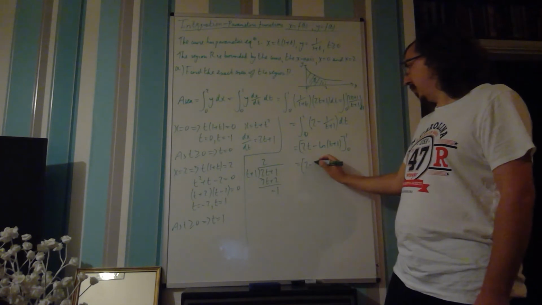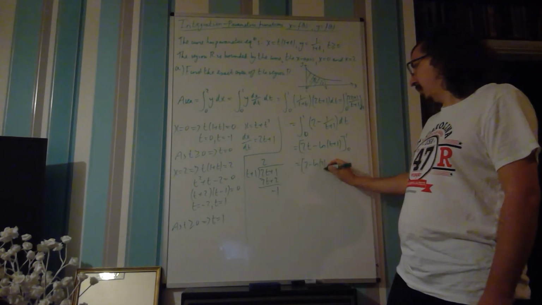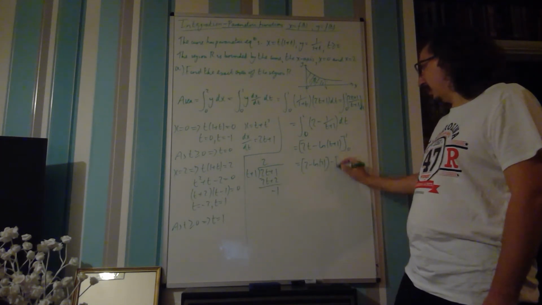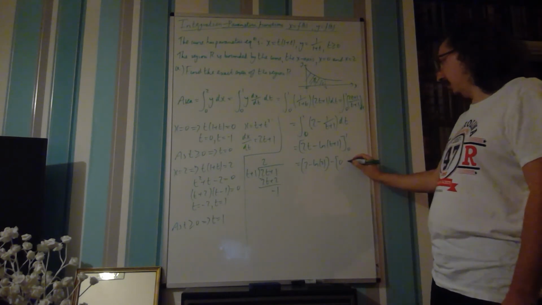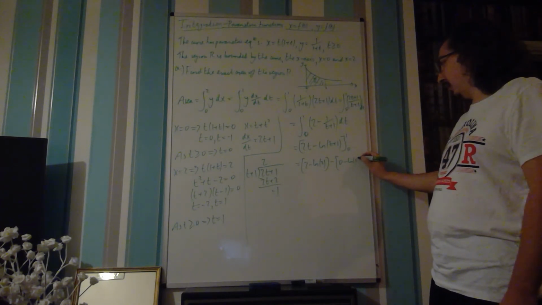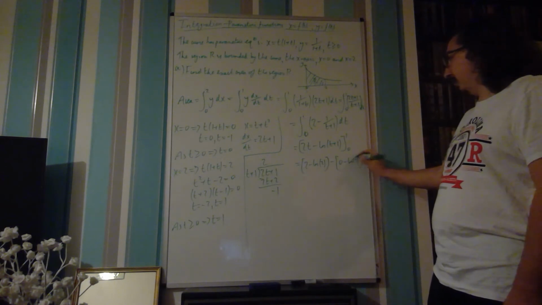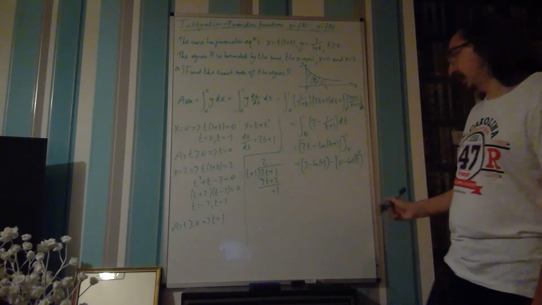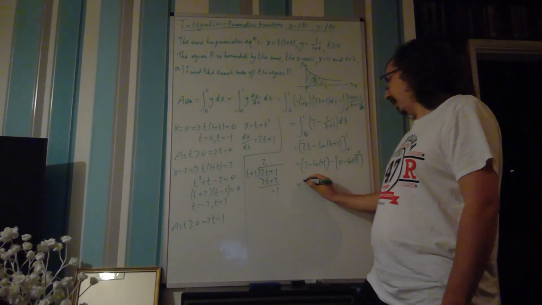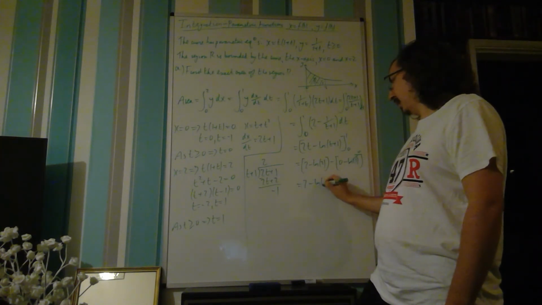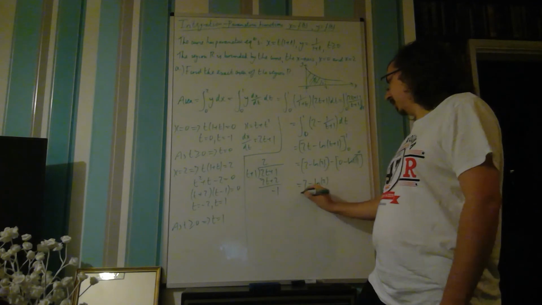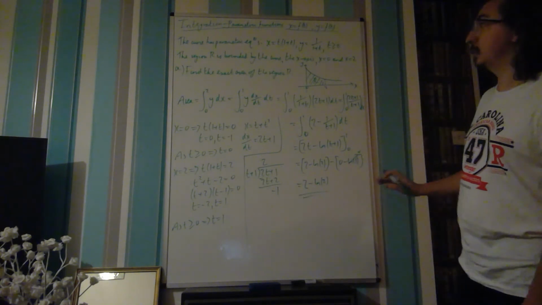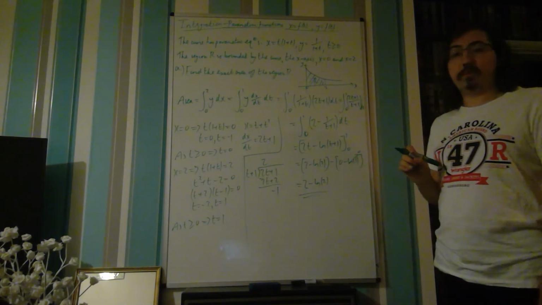So we have 2 minus the natural logarithm of 2, minus 2 times 0, 0, minus the natural logarithm of 1. Natural logarithm of 1 is also 0, so that entire second bracket just goes to 0. So we get our answer there of 2 minus ln 2. And that's what we get for the exact area of the region R.